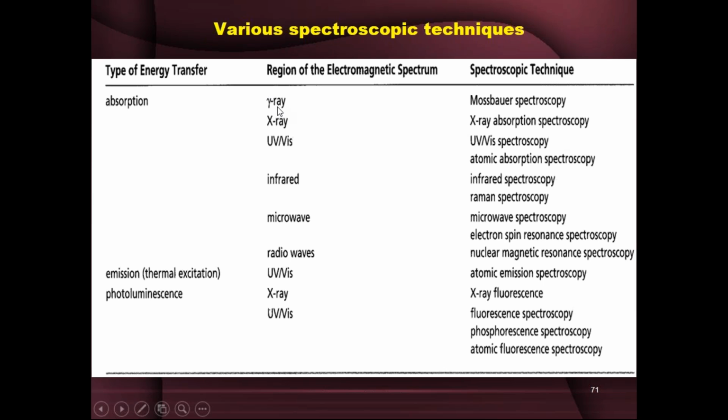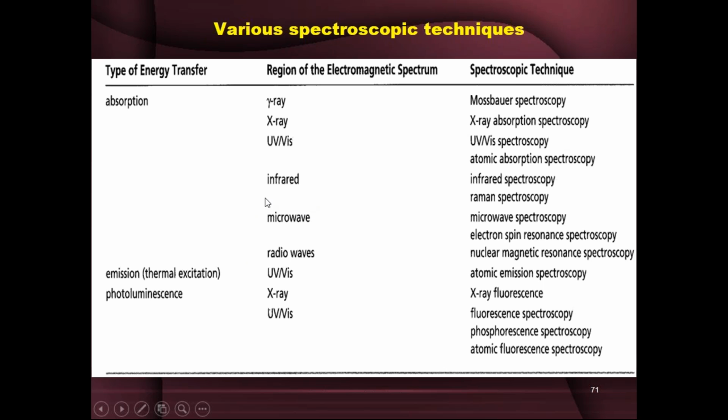Starting at the most energetic side of the electromagnetic spectrum, you have the gamma rays, absorption of which leads to the technique of Mossbauer spectroscopy. Absorption of X-rays gives rise to X-ray absorption spectroscopy. Absorption of UV visible radiations gives rise to UV visible spectroscopy, one technique, or atomic absorption spectroscopy, a second technique.